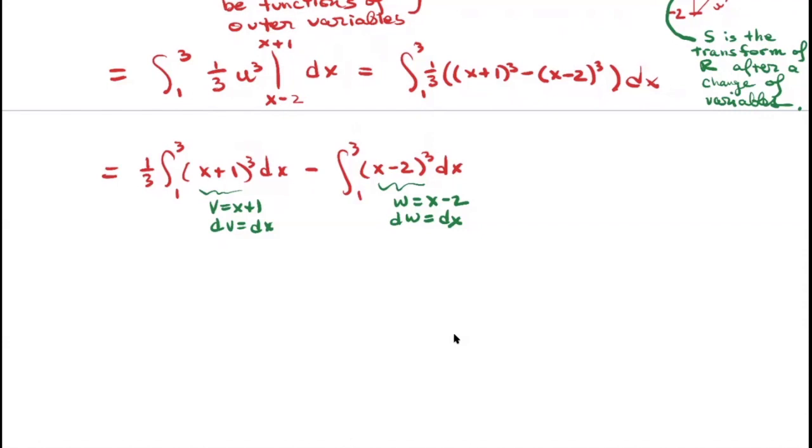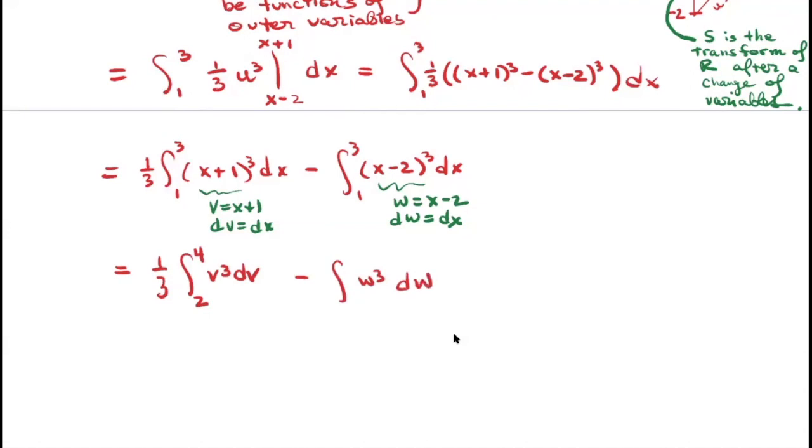So we have a 1/3 integral of v to the third dv. When x is 1, v would be x plus 1, so that's 2. When x is 3, v would be 4. And then minus the integral of w to the third dw.